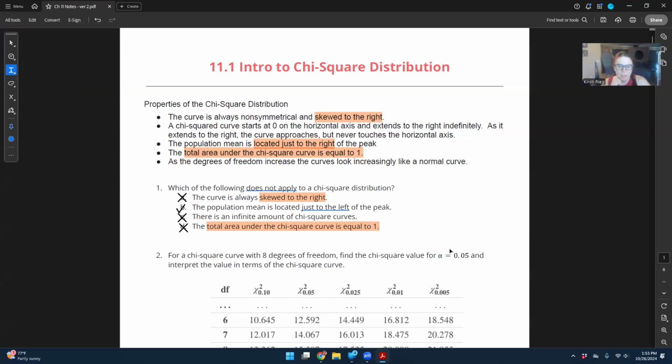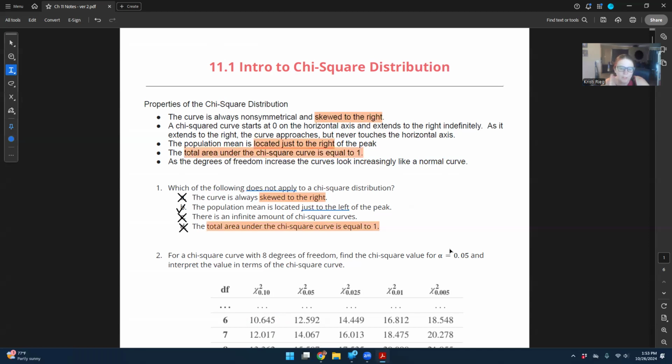Okay, now we're going to talk about degrees of freedom. We've talked about degrees of freedom just very, very briefly because they haven't really played into what we needed to calculate. But it will come up in 11 and it will come up in chapter 13.